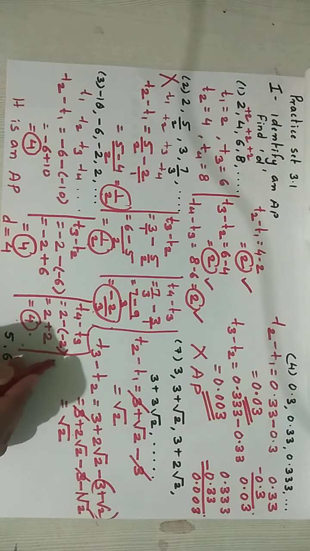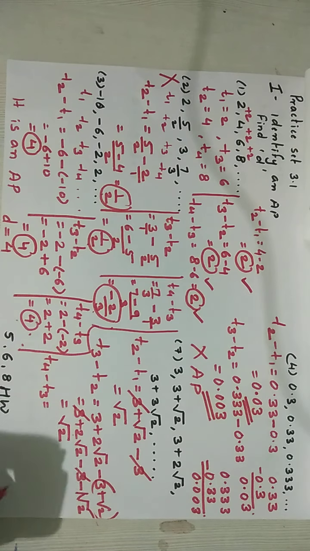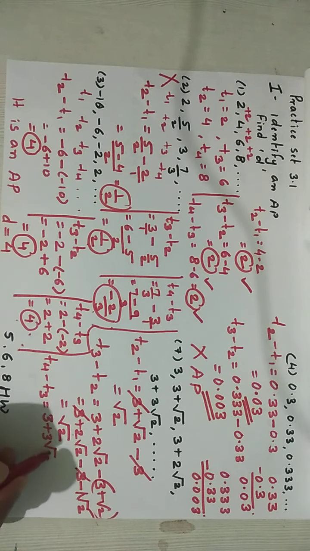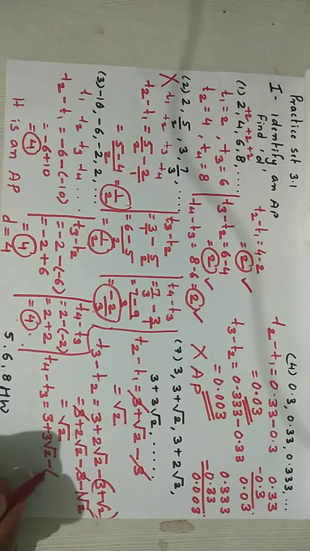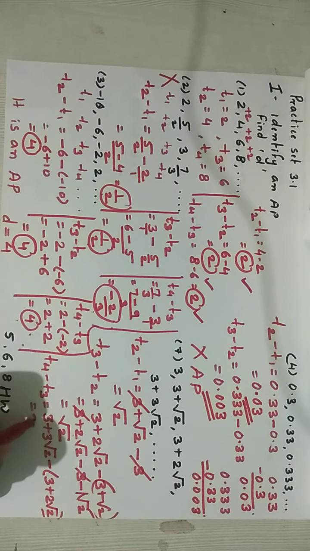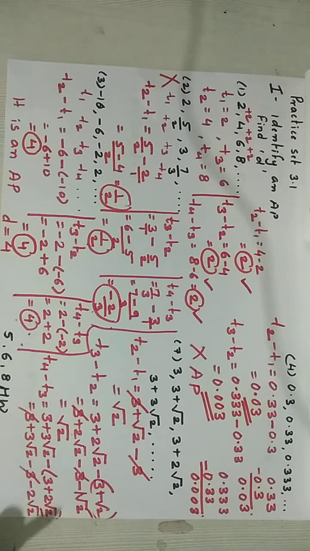Now let's do T4 minus T3, that is 3 plus 3 root 2 minus, again a binomial, so write in the bracket 3 plus 2 root 2. So this will be 3 plus 3 root 2 minus 3 minus 2 root 2. 3 and 3 cancel. 3 root 2 minus 2 root 2 will give you the answer root 2.